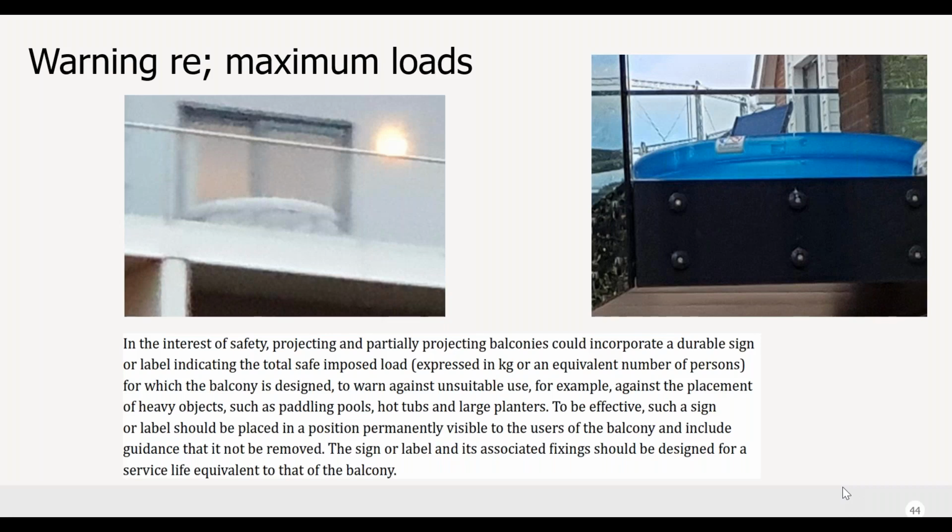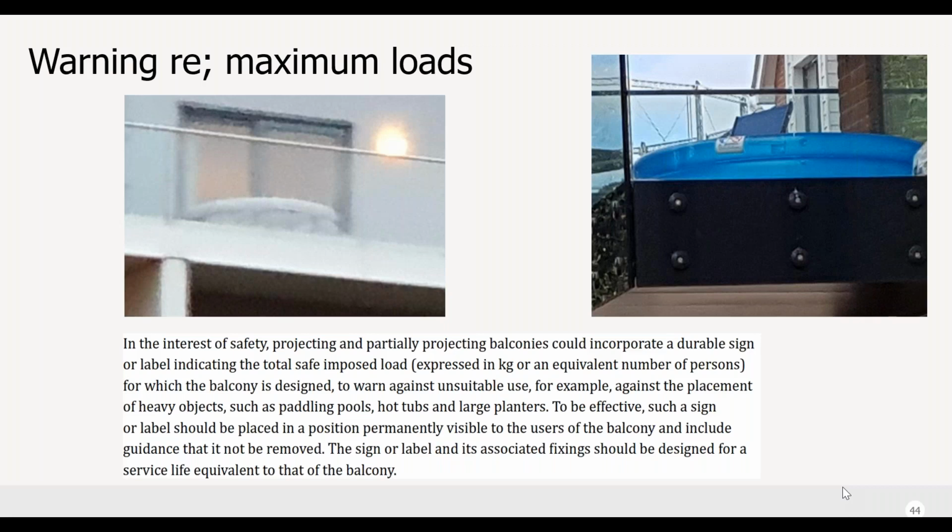What the standard recommends, and something I think the industry needs to move towards, is some sort of sign, like you would have in a heavy passenger lift, which gives them some comfort that they're working within the prescribed limits. These pictures show a couple of areas where the balcony is definitely being abused.